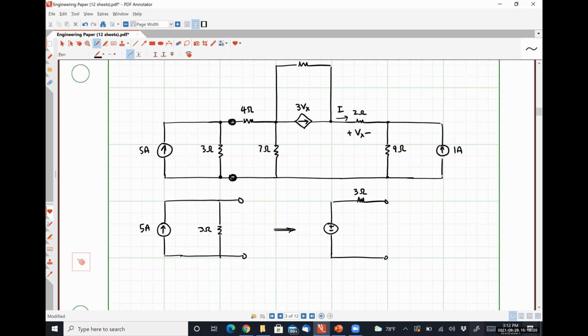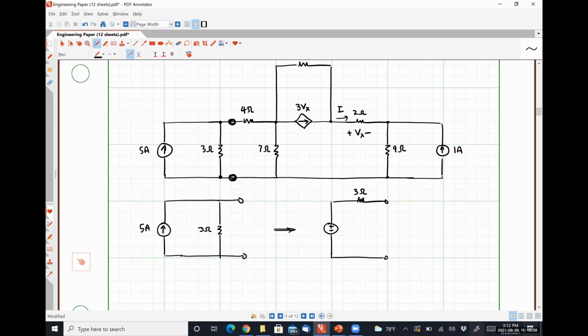So if the arrow is pointing up, the positive polarity terminal should be on top. If the arrow is pointing to the right, the positive polarity terminal should be on the right. If the arrow is pointing down, the positive polarity terminal should be on bottom, et cetera, et cetera. Wherever the head is where the positive sign goes. Wherever the tail is where the negative sign goes.